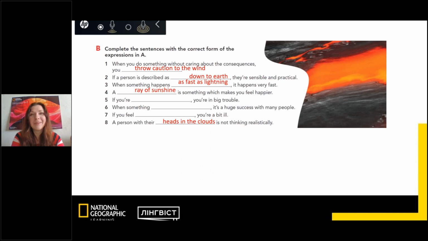And it could have both meanings, literal and figurative. If you are in deep water, you're in big trouble, right? Very nice expression, I would say. When something goes down a storm, it's a huge success with many people.